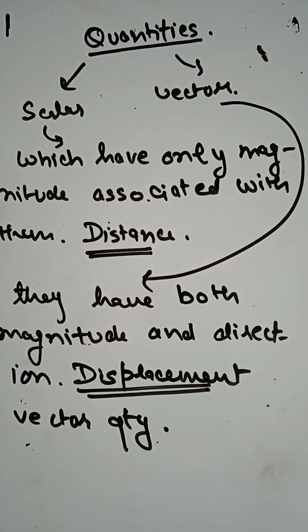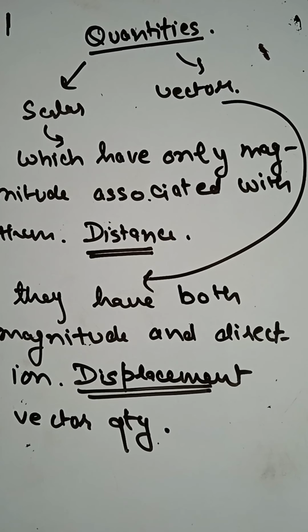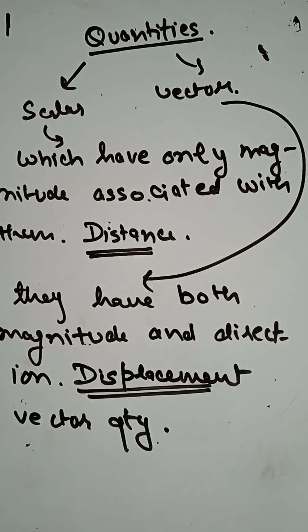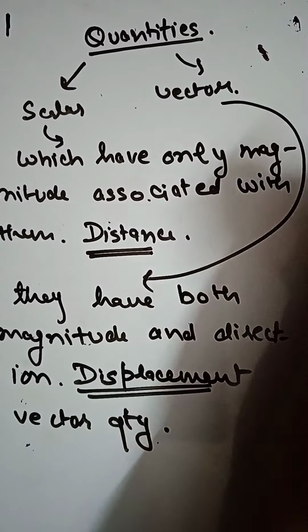Let's say I ask you to run 10 kilometers and you'll reach the school. Will you be able to? No. Because if I ask you to run 10 kilometers, you can even run in your room, right?